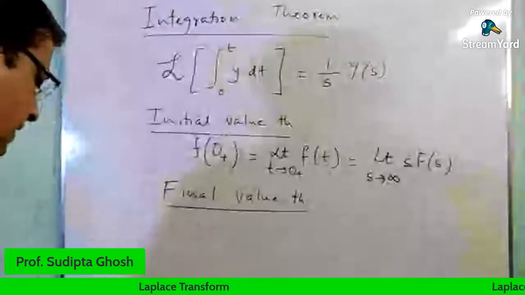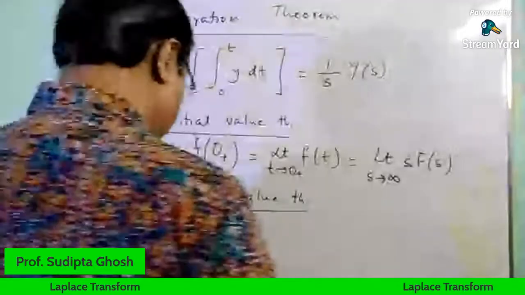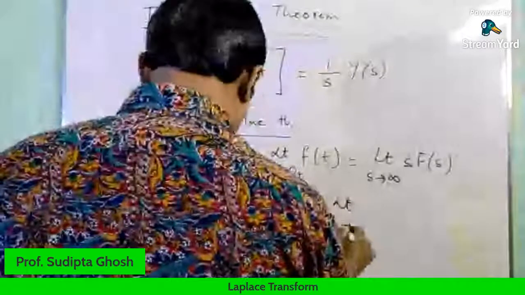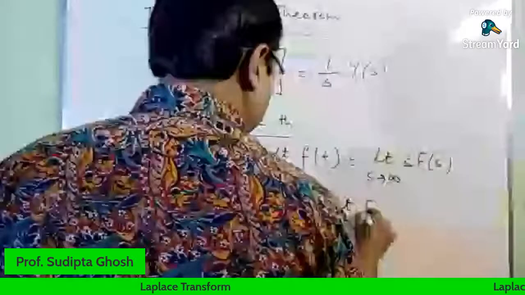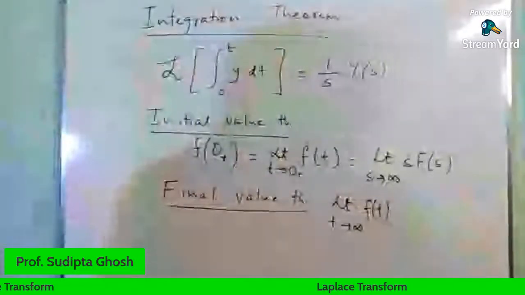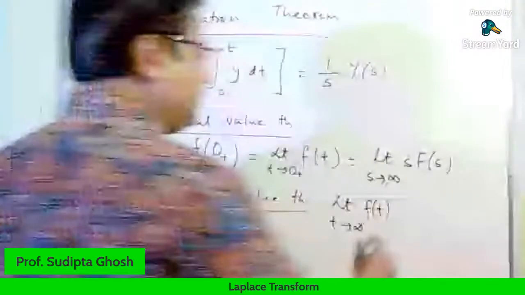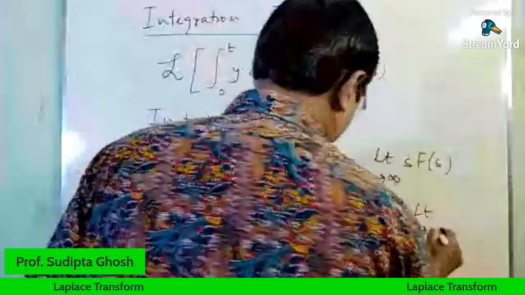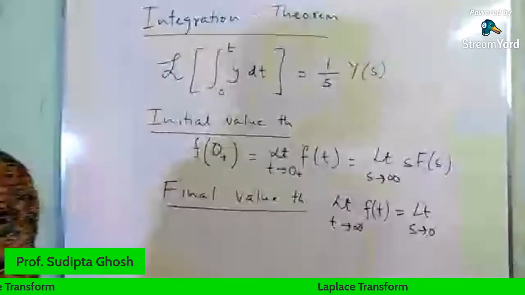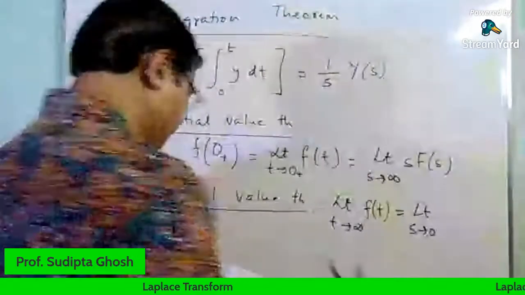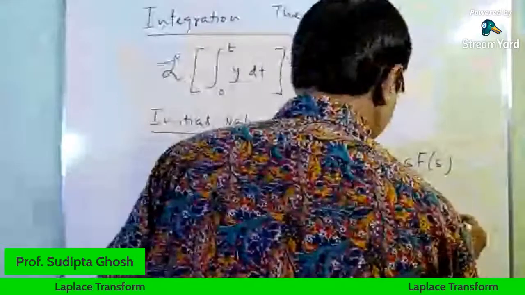So the final value theorem tells that the limit t tends to infinity of f of t will actually be the limit s tends to 0 of s F(s), again because frequency and time are inversely proportional.